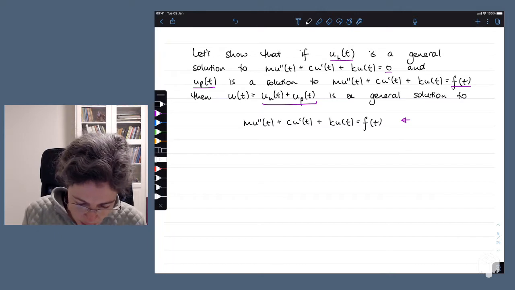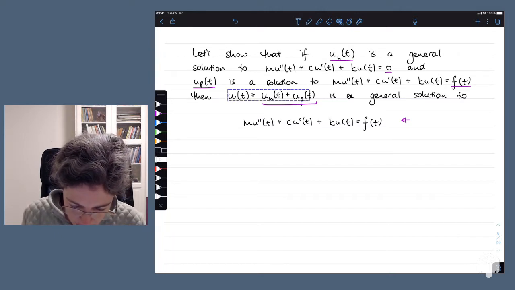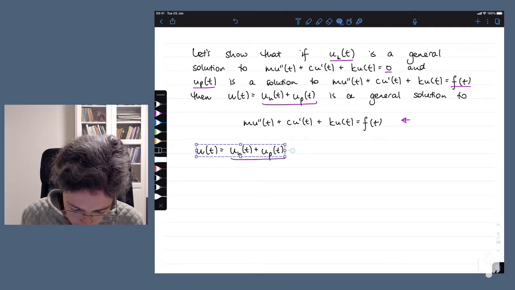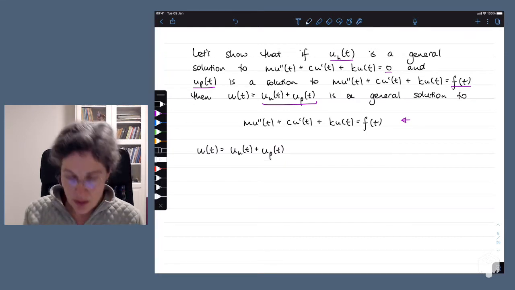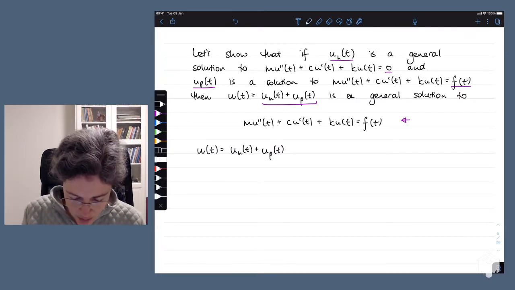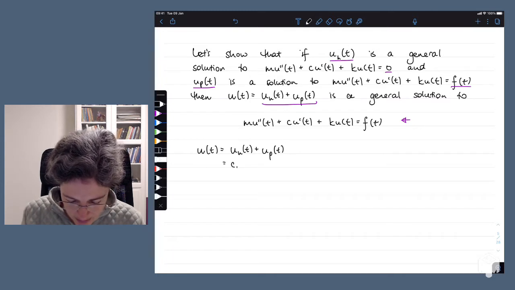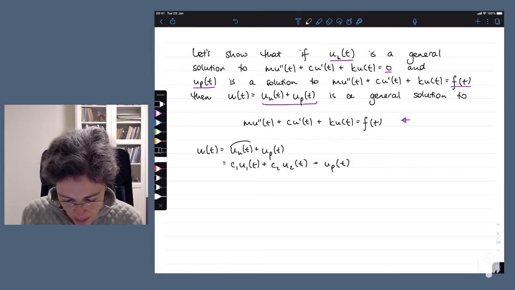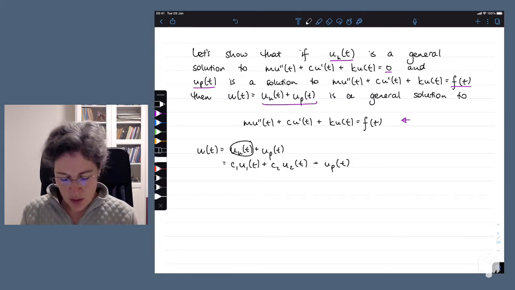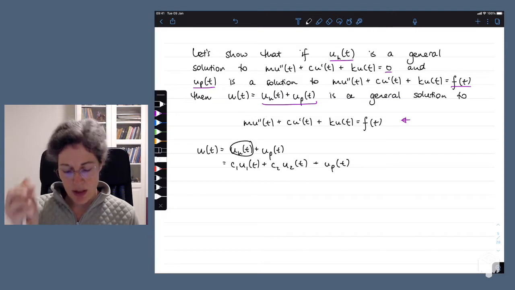So we've got our u, which we're forming from our two solutions. I'm just going to rewrite this as C1 U1 of t plus C2 U2 of t plus UP of t, because remember our homogeneous solutions always have two terms like that.